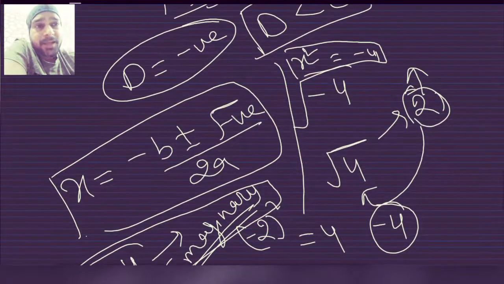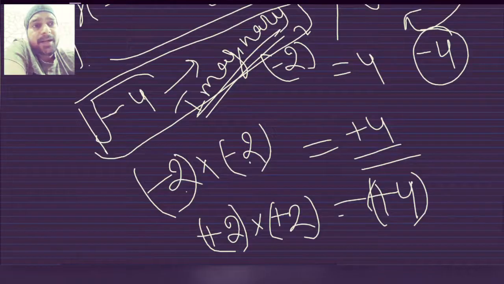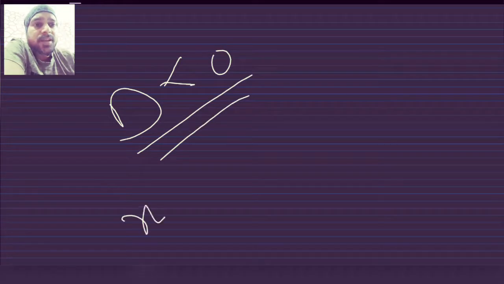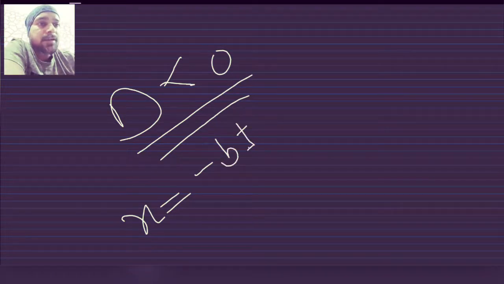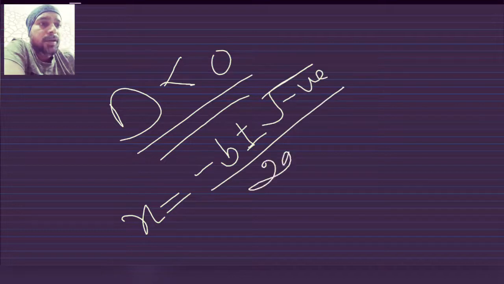So in this situation, when the discriminant is less than 0, x is equal to minus b plus minus under root of a negative number upon 2a. Is it clear?